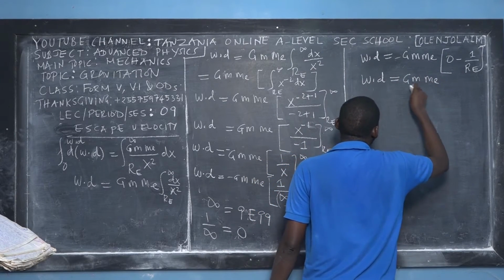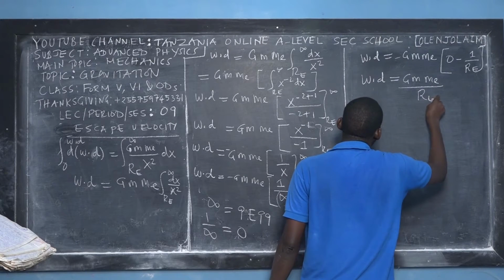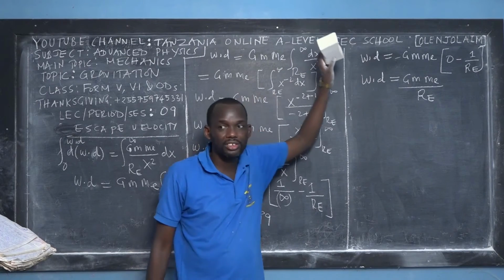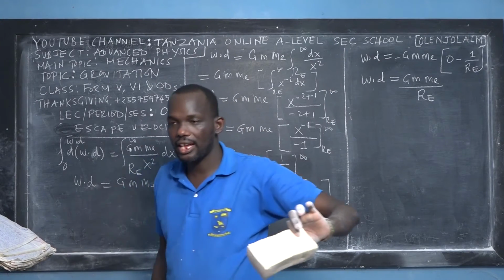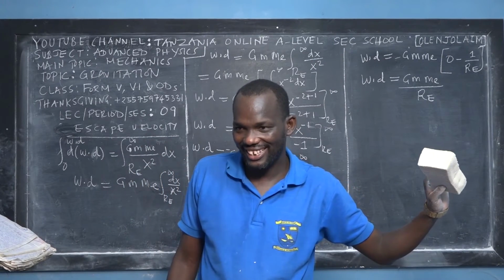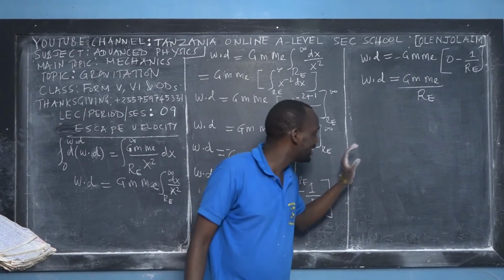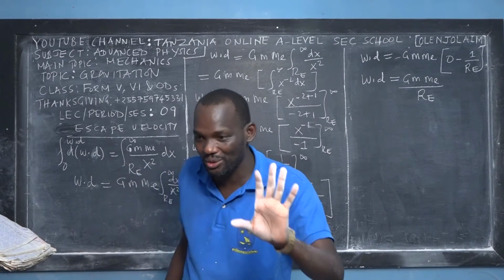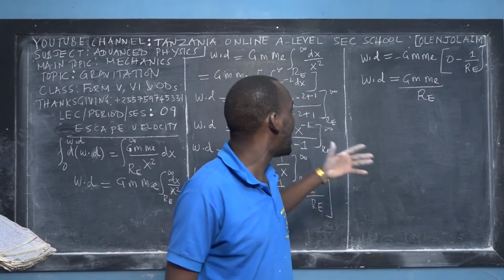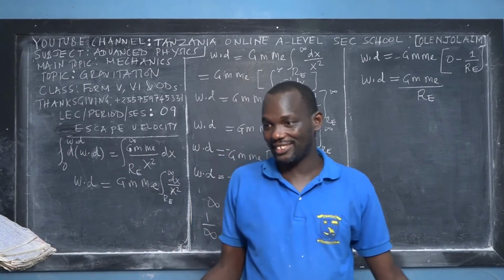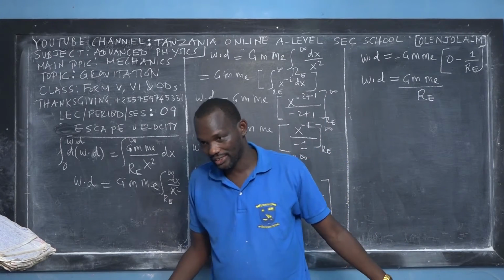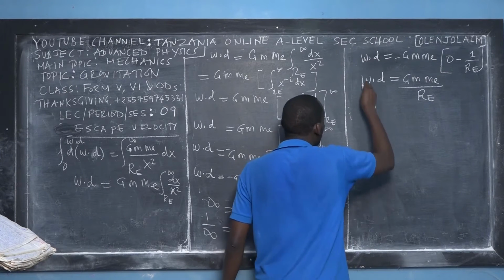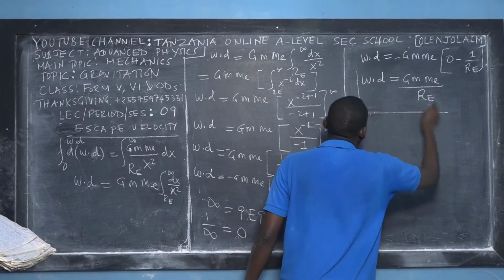Notice this, you can be asked even these questions, because remember the work done to remove a body from infinity to the distance r is negative, and the work done to take a body from distance r to infinity is positive. However, work done is a scalar quantity, because we use the dot product. So this is the formula of work done.